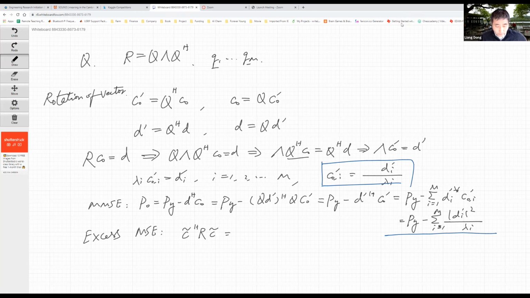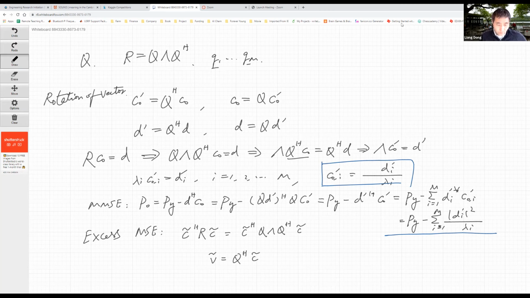We also do eigenvalue decomposition for R, that is Q lambda Q Hermitian, right? And then we do a rotation on my vector C tilde. So the rotation of C tilde, let me call this V tilde, is we rotate C tilde using that.